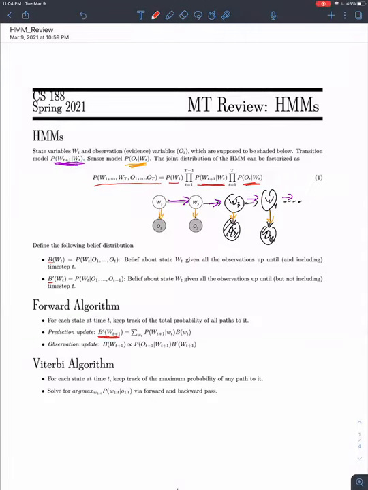That's B prime of W_{t+1}. That's just the sum over possible worlds that you could have been in at time T, how likely you were in those worlds, and what's the probability of the next world given that world.